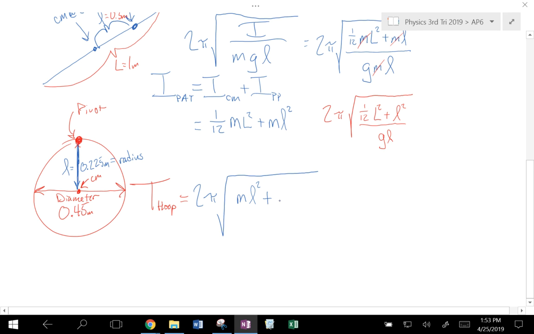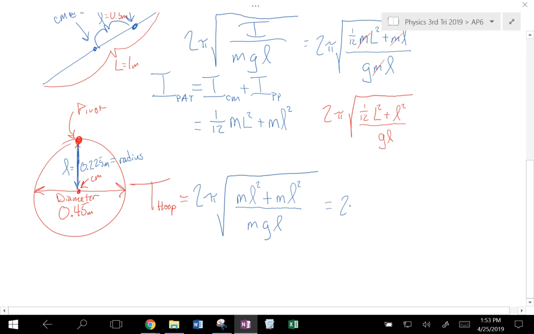Plus, treating it as if all the mass was located at the center of mass, and the position vector for that would also be L. That's how far away that is from the pivot. So I've got that up top, and I'm dividing by mgl.